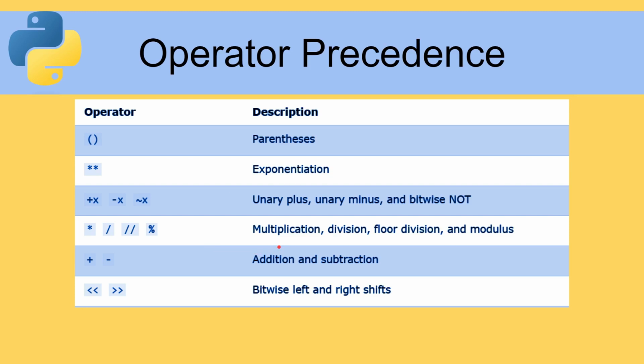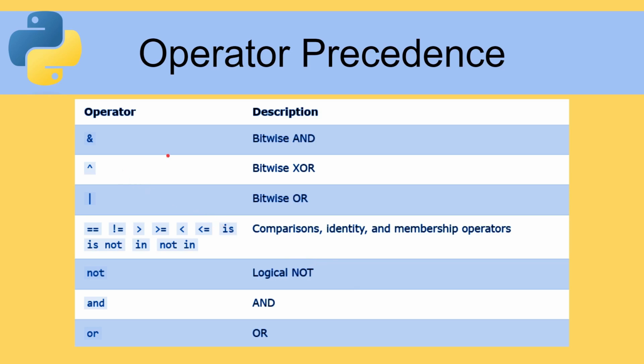After that it does the multiplication, division, floor division, and modulus, and after that it does addition and subtraction, and then bitwise left and right shifts, and then it does the bitwise AND, bitwise XOR, bitwise OR, and then after that it does the comparison, identity, and membership operators, and logical operators has the least precedence.